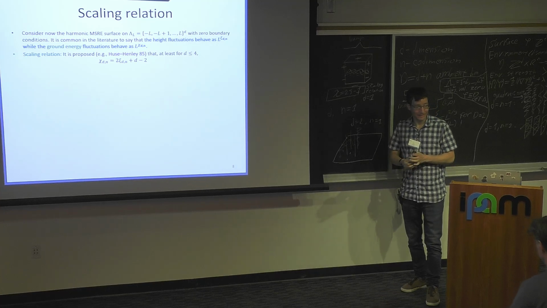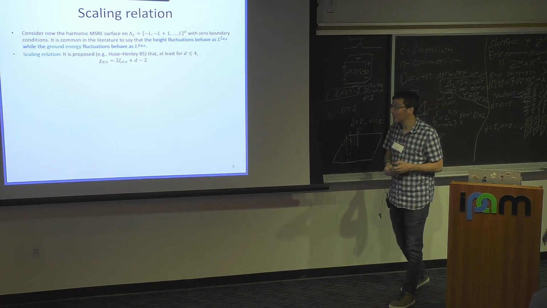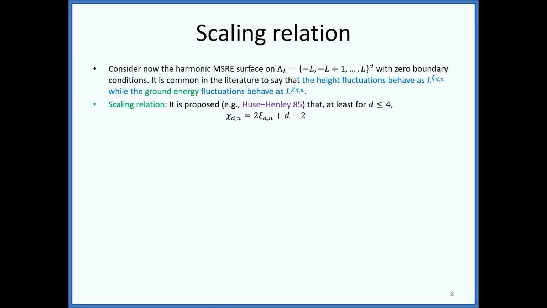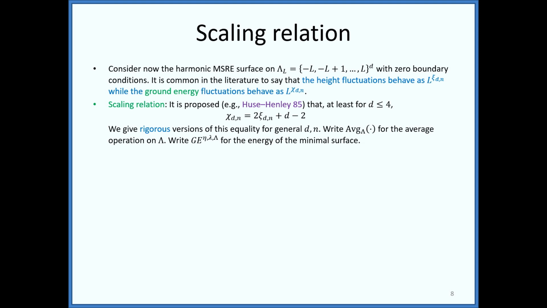But in any case, what is less known is that there is a scaling relation that is also true for surfaces, where chi is 2 xi plus d minus 2. So indeed, if you're in the geodesic case where d equal 1, then this becomes 2 xi minus 1.